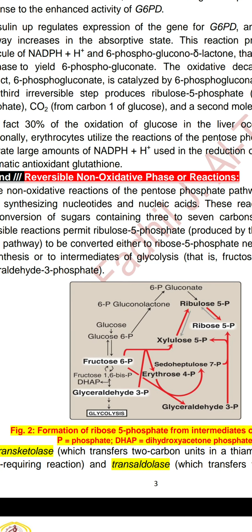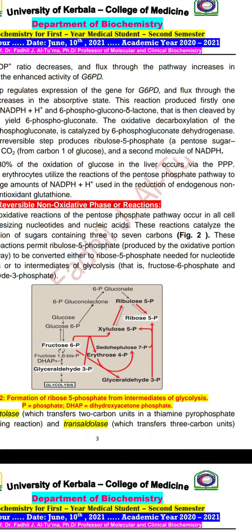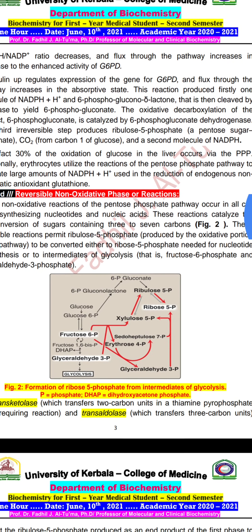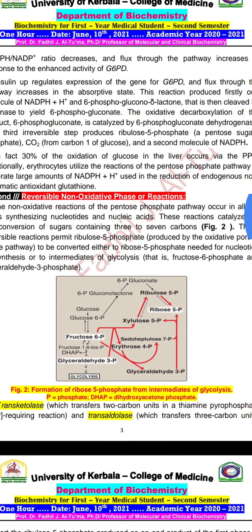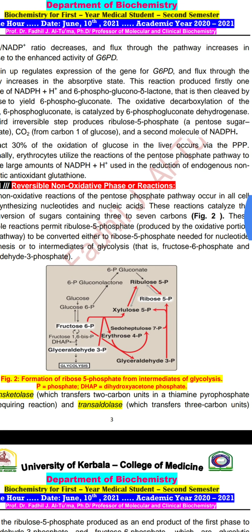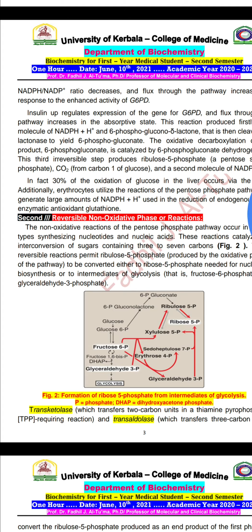RBCs utilize the reaction for production of NADPH by HMP shunt because a large amount of HMP shunt is required by the RBCs to maintain the amount of reduced glutathione as endogenous antioxidant.